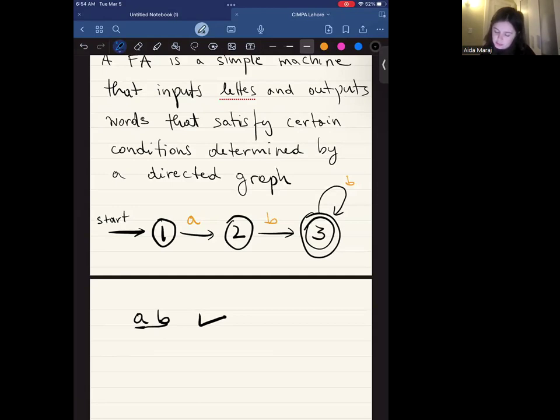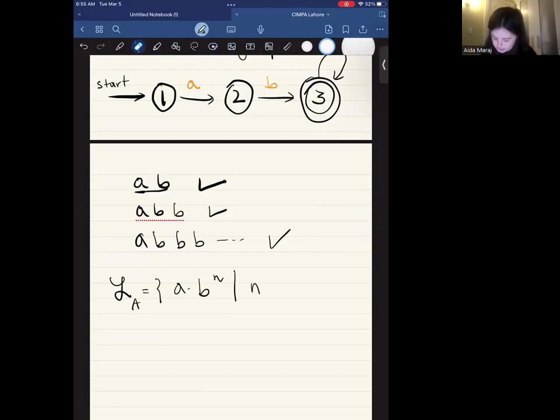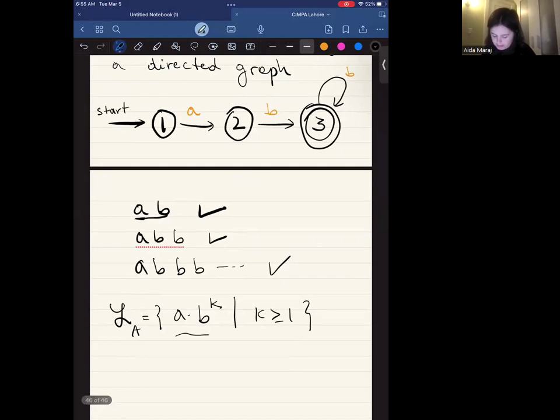Or we can do another loop and have ABB, or another loop, ABBB, and so on. So the language of this automaton is all the words A B to the k, for k greater or equal to 1. I should not use n because I'm using n for other stuff. If I take the set of all such words, I say this is regular because it arises as the output of a finite automaton.